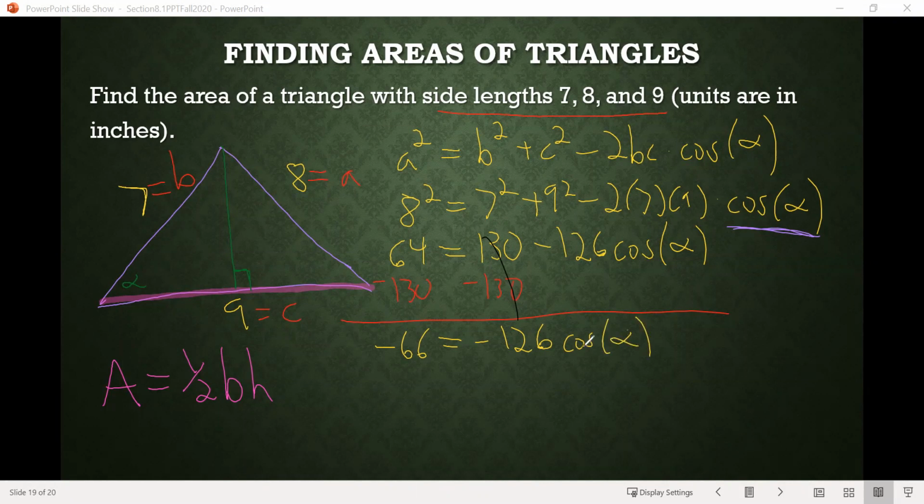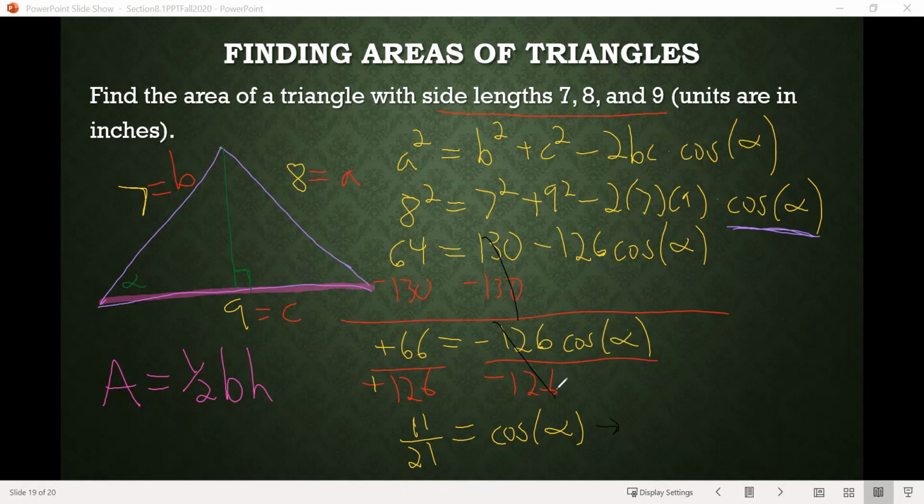And then we can divide by negative 126 on both sides. And these will cancel. So now we'll have cosine of alpha equals negative 66 over negative 126, which, a negative over a negative makes a positive. Reduce those two to make 11 over 21.